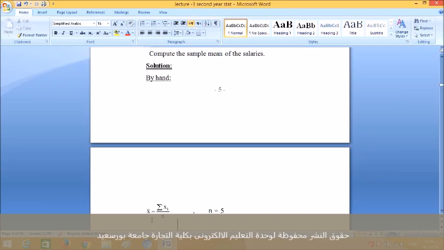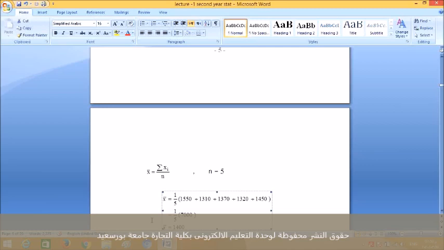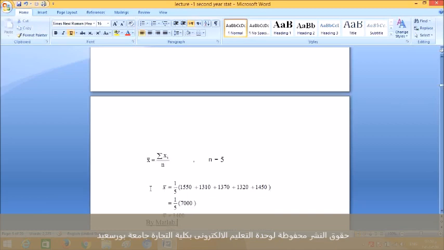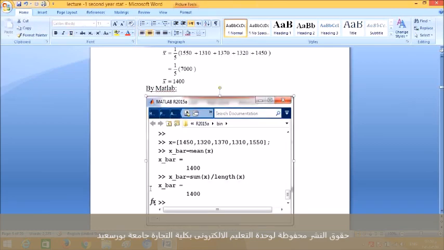Mu for population and x bar for a sample. Okay, so x bar is a statistic extracted from a sample, and mu is a parameter extracted from a population data. That's the difference between mu and x bar. By MATLAB, we have to enter the data like this.